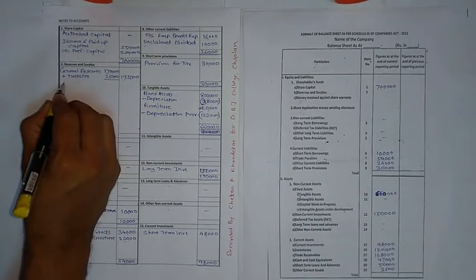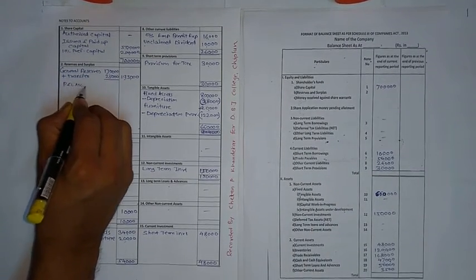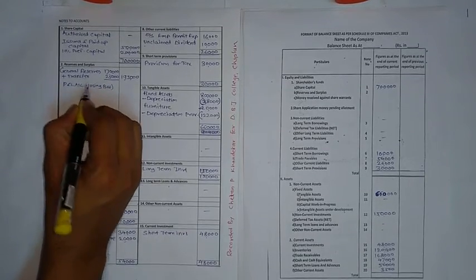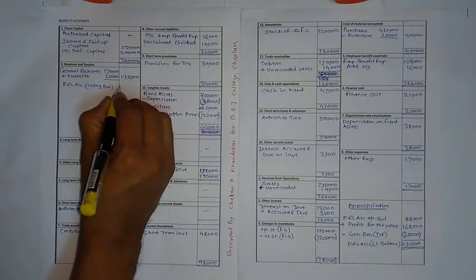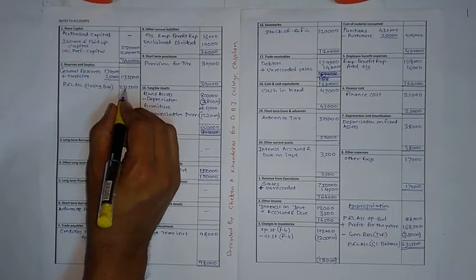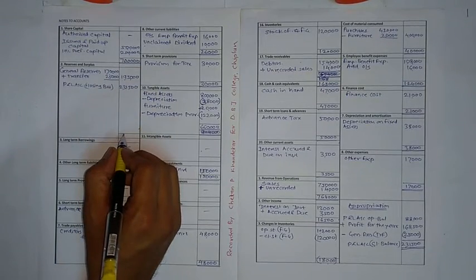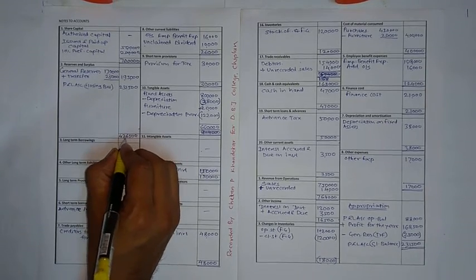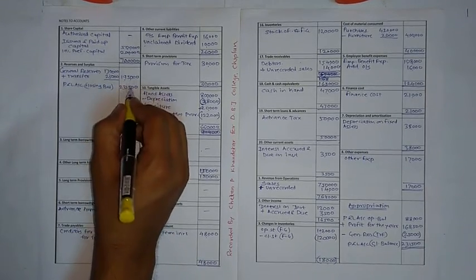So here we will transfer the profit and loss account closing balance. This closing balance amount was 2,31,500 and after we transfer this, we will take the total of note number 2. It is 4,26,500. Only 2 reserves are there.